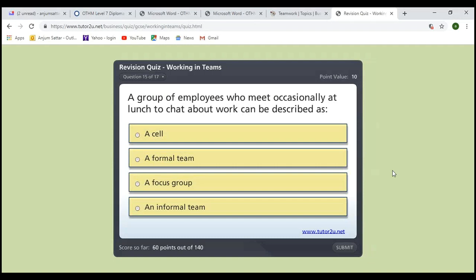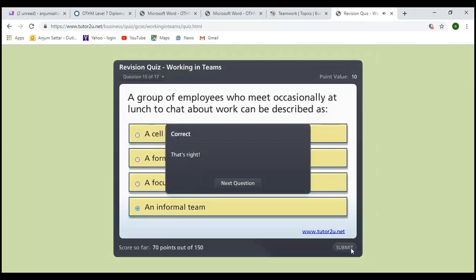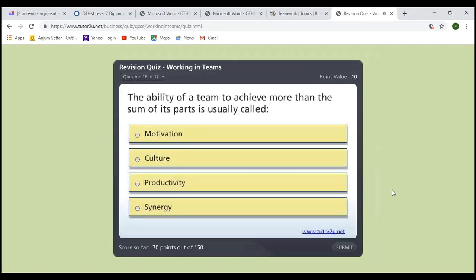Okay, a group of employees who meet occasionally at lunch to chat about the work can be described as? Informal group. Informal team, yes. So that's informal group.